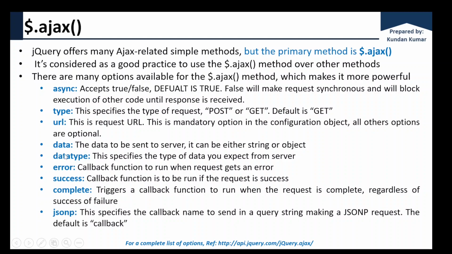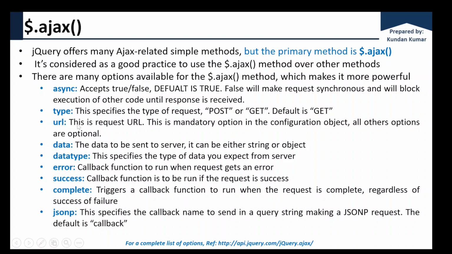What is the use of the data option? The data to be sent to the server. It can be either a string, an object, or serialized data from the form. Data type specifies the type of data you are expecting from the server. Error is a callback function to run when the request gets an error.